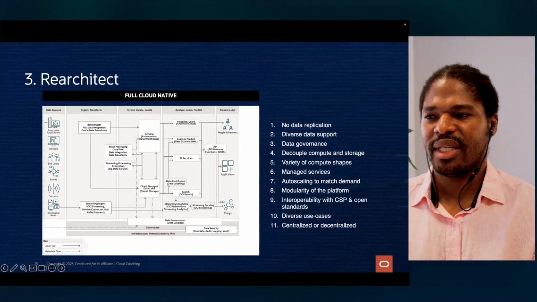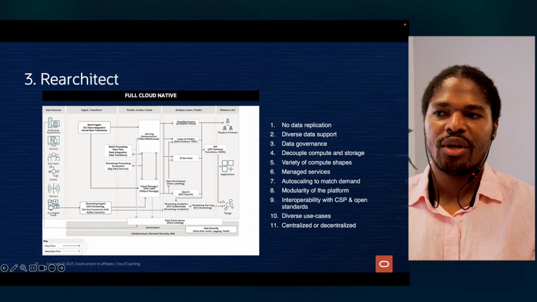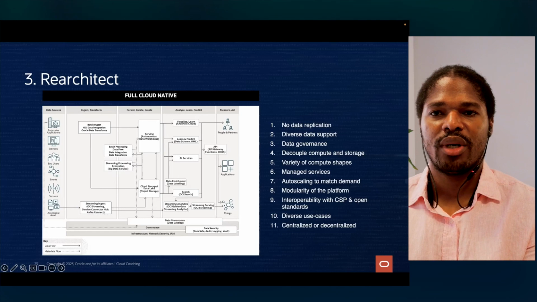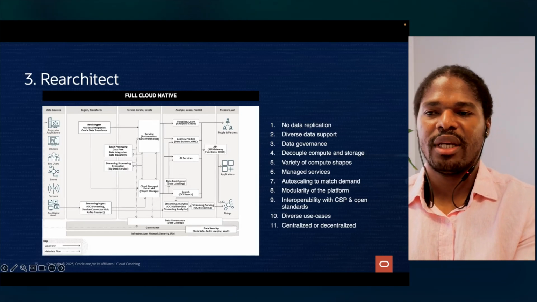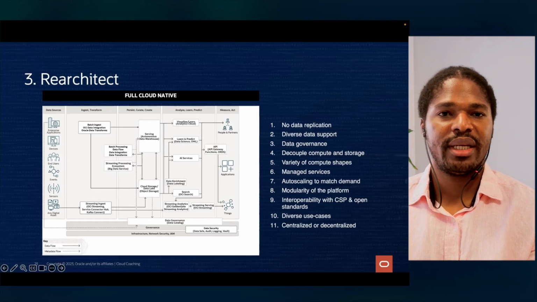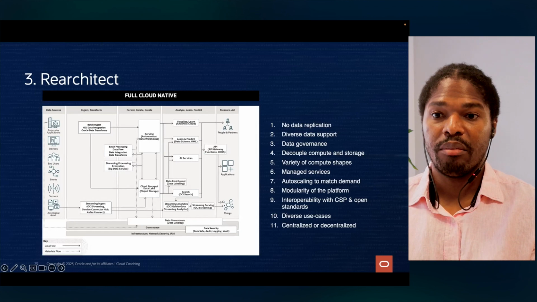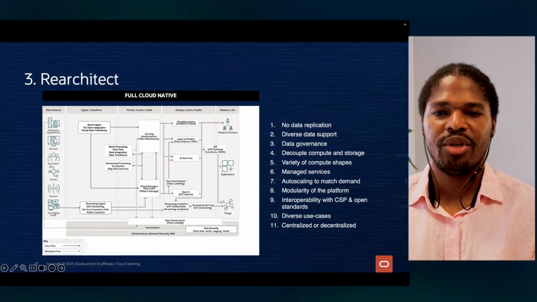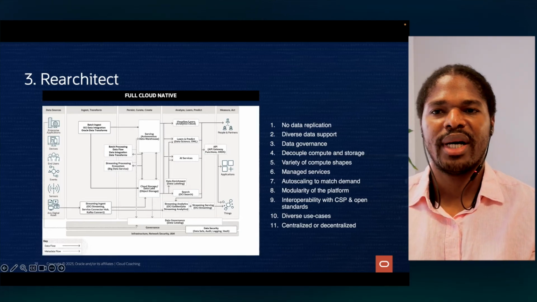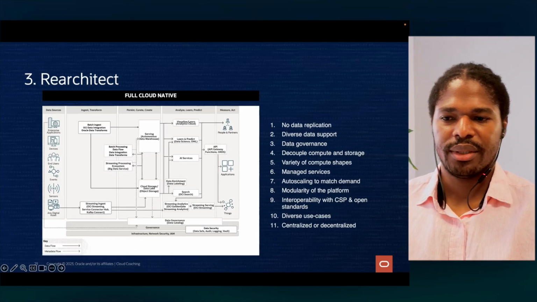So these are the advantages of re-architecting your whole big data workload and going from, let's say, an on-premises deployment to a fully cloud native solution. It will take time or require effort in terms of re-architecting, but you will save obviously because you have fewer components to deploy, or at any time you have the serverless option that is deployed.